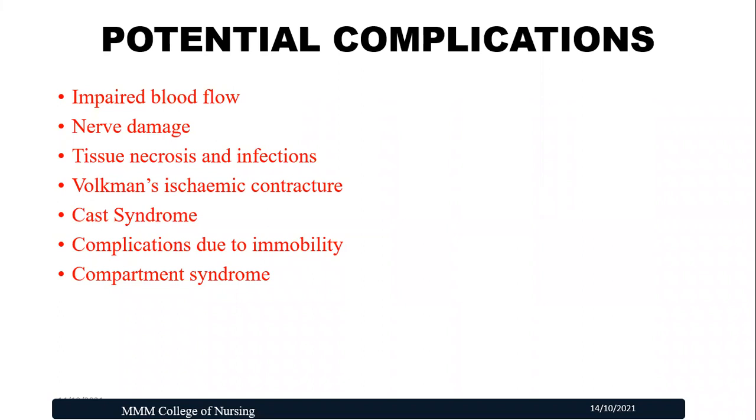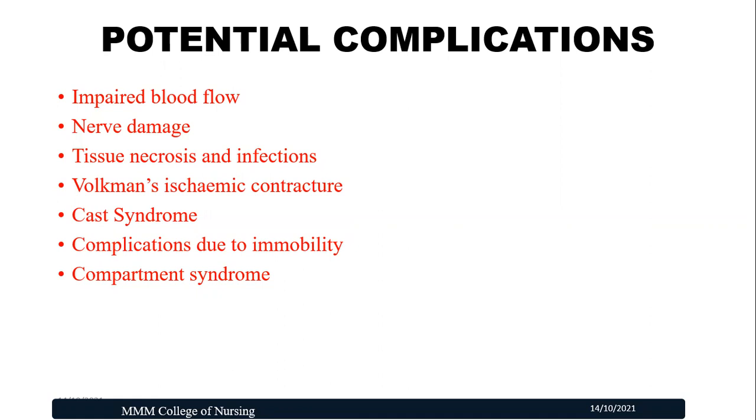If there is any open wound, then that may turn into an infection. The next complication is Volkmann's ischemic contracture, and this is actually a muscle contracture over the part of the body that is covered with the cast, which is applied too tightly. The part will become very rigid, which will further impair the function of the part.